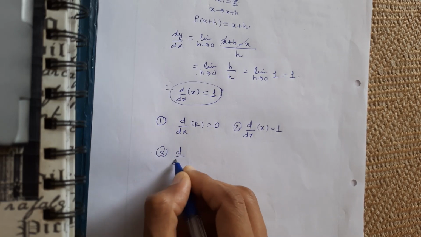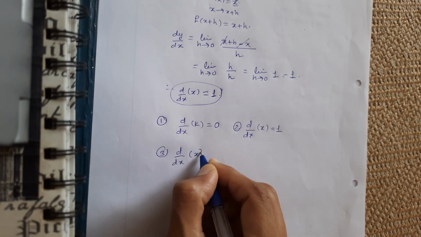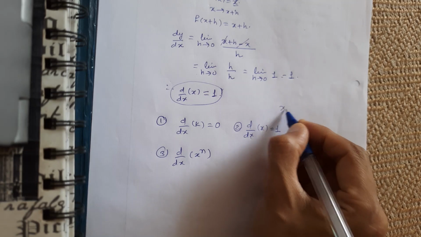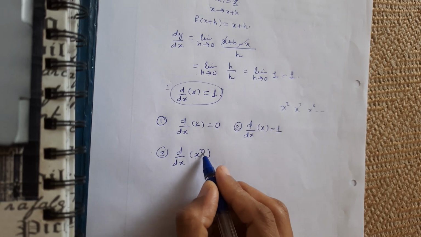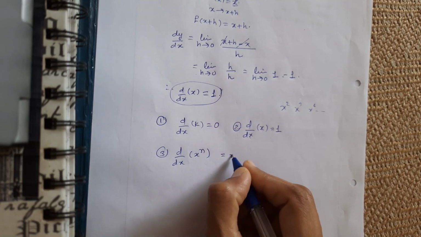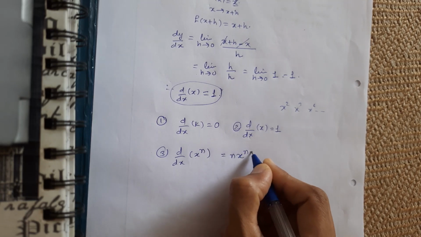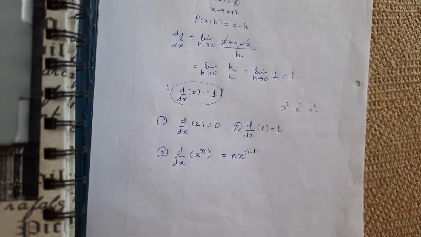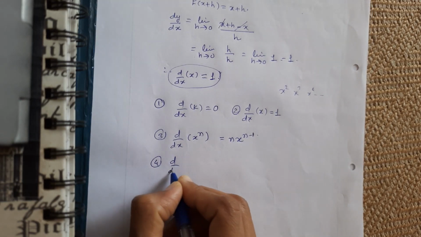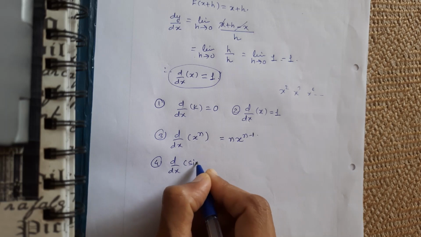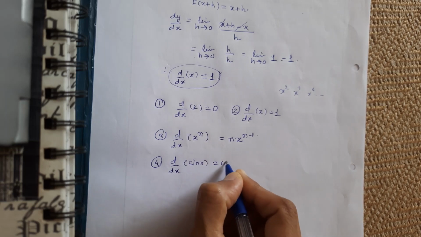Derivative of d/dx of x to the power n, so x square, x cube, x4 and so on, x to the power n is equal to n x to the power n minus 1. Derivative of sin x is cos x.